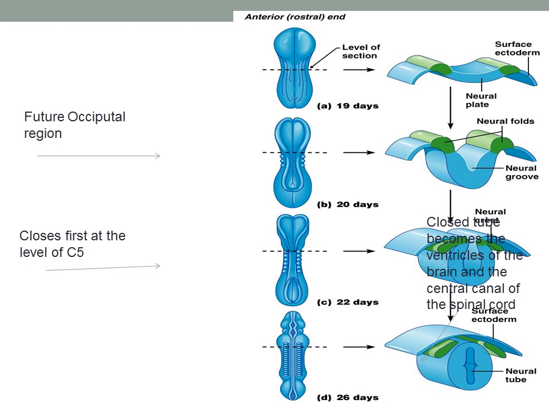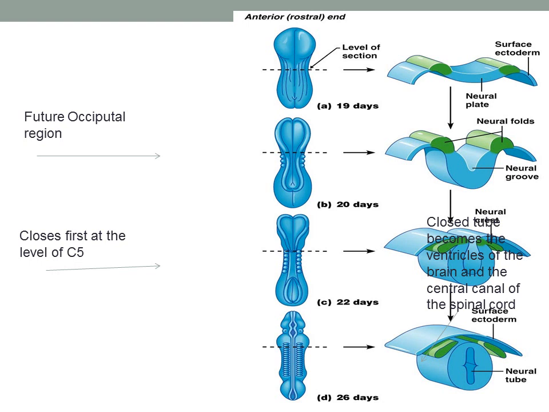Now, about at the 19th day, the most dorsal layer, the ectoderm layer, along the midline starts to thicken. Cells proliferate rapidly, and along the midline, a distinct thickening in the surface ectoderm starts to develop, and this becomes known as the neural plate.